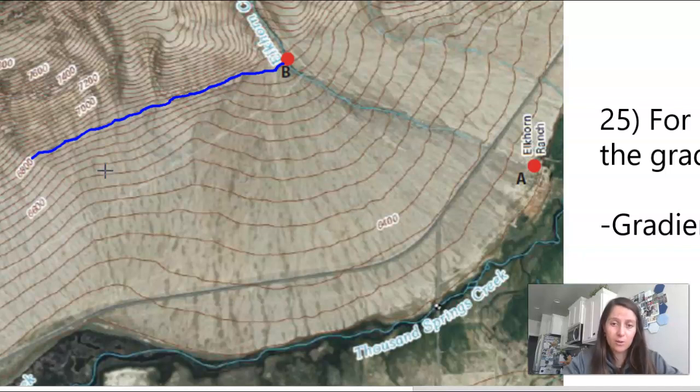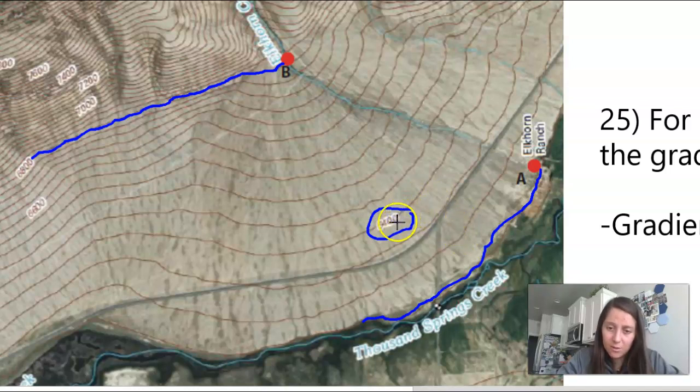I want to subtract the low from the high. So 6,800 minus whatever A is at. So A is at this contour line right here, right? But that doesn't fall on any index contour. So I need to figure out what that is based on a nearby contour. So I have 6,400 right here, and I know that each increment is of 40 feet.